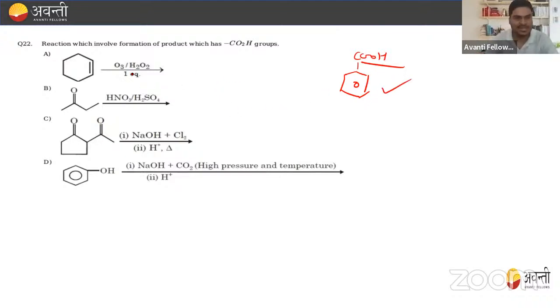So let's see, when phenol undergoes carboxylation with CO2, we know that this is known as the Kolbe reaction. So when this is treated with CO2 at high pressure and temperature, followed by H+, it will form this benzoic acid. Right. So only A and D will form the benzoic acid.